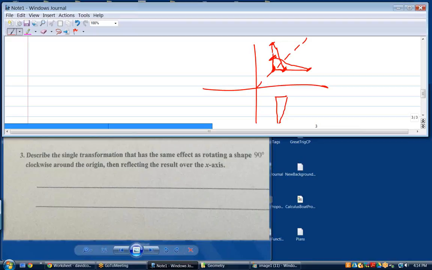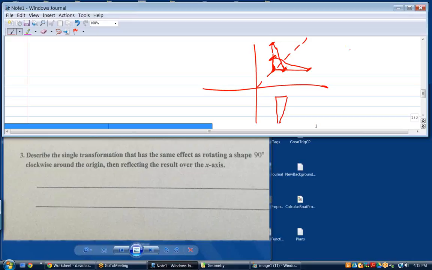The only one that I know right off the get-go is if you reflect over y equals x, you just switch your coordinates. Whatever your original coordinates were, switch them. If this is 5, 1, then this is 1, 5. And I know that if you reflect over the x-axis, you change the sign on the y. If you reflect over the y-axis, you change the sign on the x.